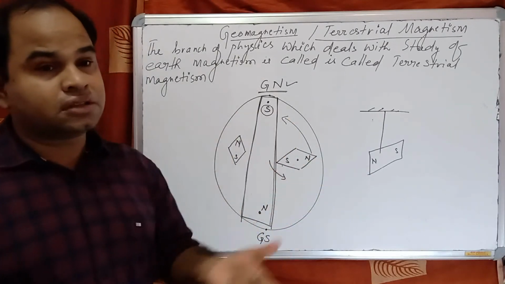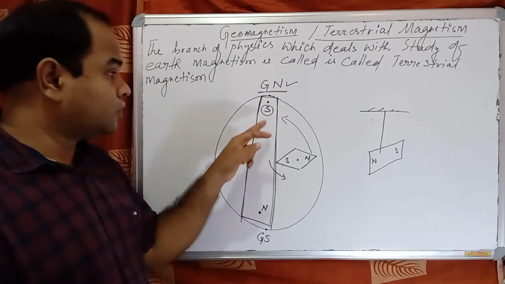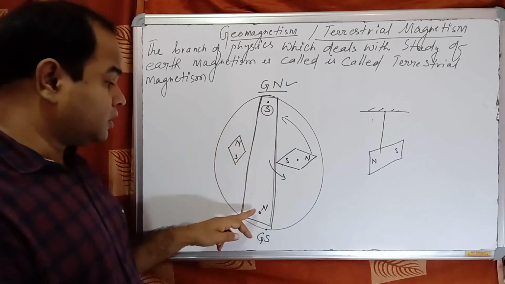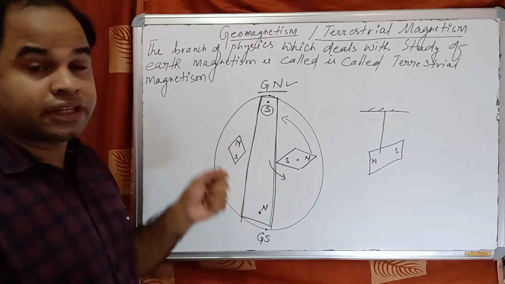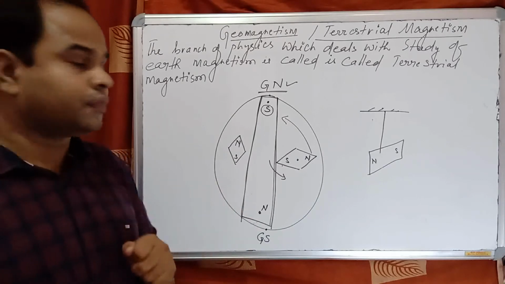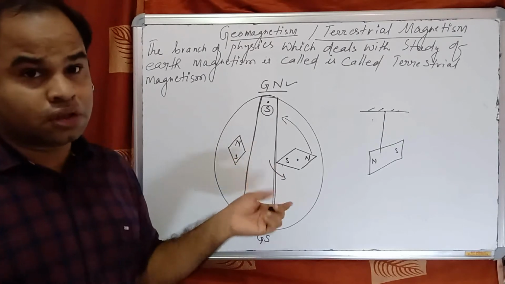When freely suspended, its north pole will be attracted to the south pole of the earth magnet, and the south pole will be attracted towards the north pole of the earth magnet. That's why it always remains in the north-south direction. Understood? But this is not the total truth.